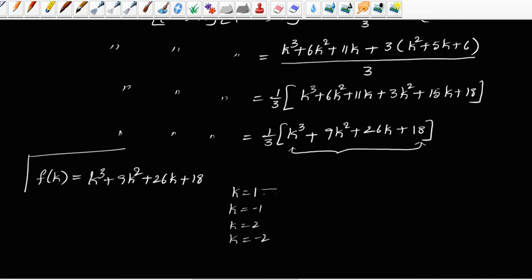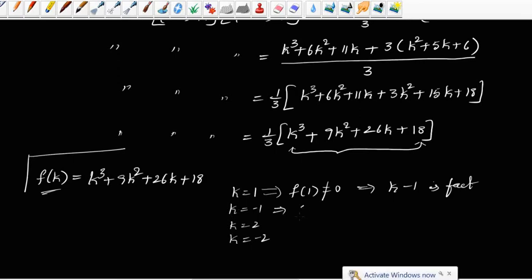If f of 1 is equal to 0, then k minus 1 is a factor. Or if it is not equal to 0, then we will go for f of k with k equal to minus 1.